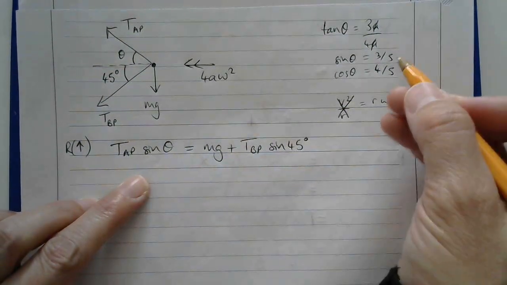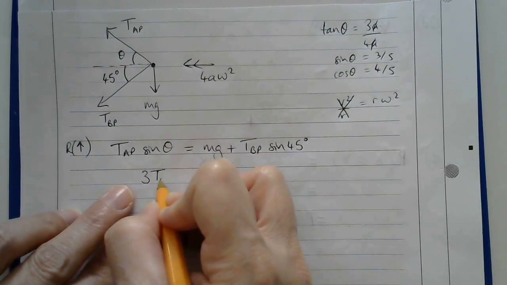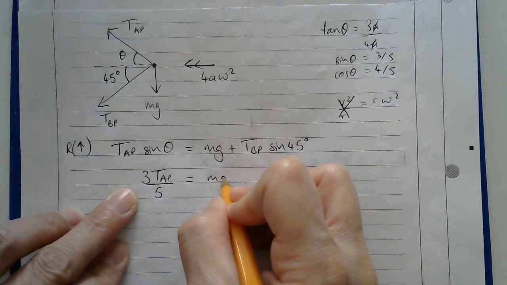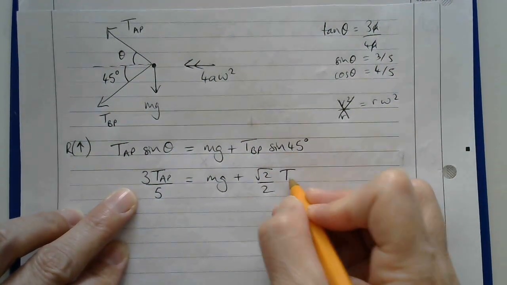So sine theta was 3/5, so I can pop that in here. So I have 3 TAP over 5 is mg plus root 2 over 2 TBP.